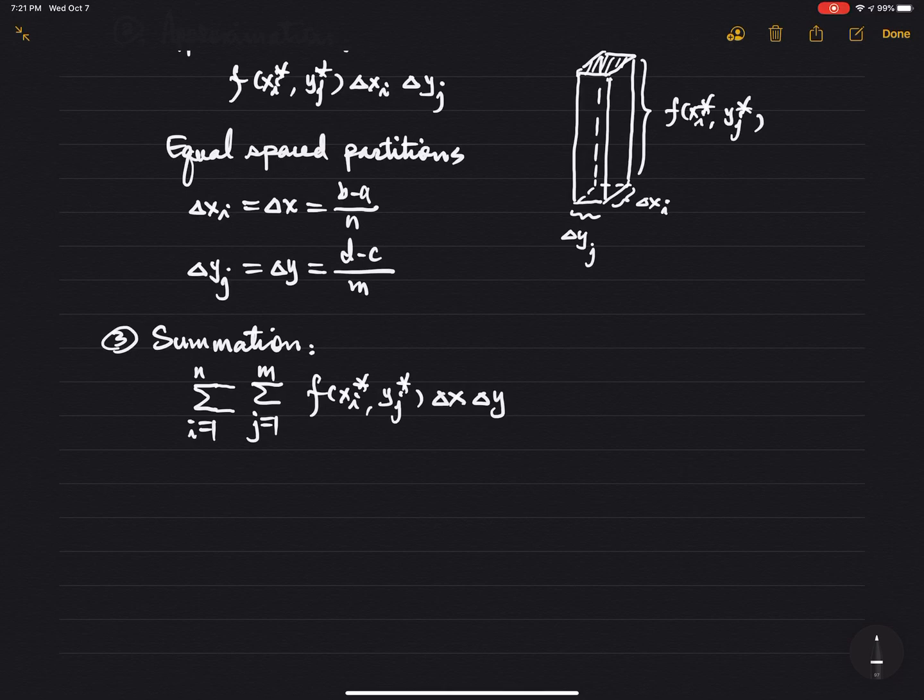Remember this we also call the Riemann sum. This is always an approximation of the volume. Well, you may get a good approximation or you may get a better approximation. If the partition gets finer and finer, you get a better approximation.